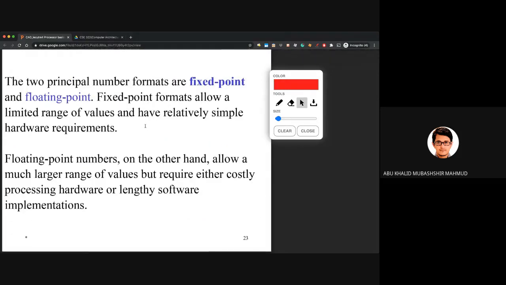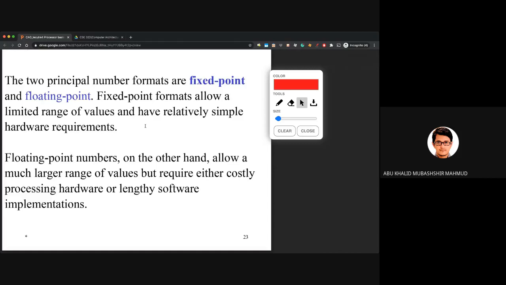So these are the main concepts. Once again, we are burdened with the fixed point and floating point representations of numbers or values that we encounter while accessing memories or doing calculations in machines.